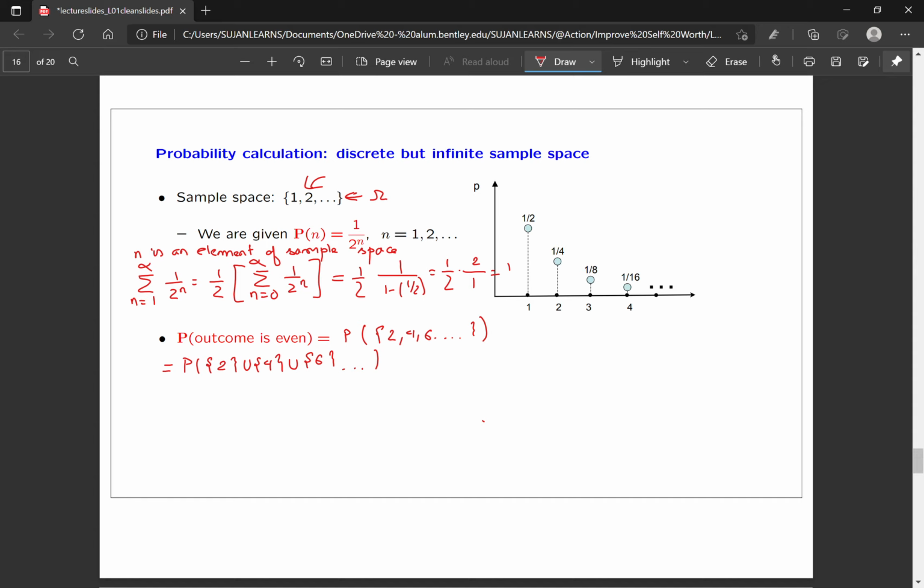Since they are disjoint, we can use the additive axiom to give us the probability of each single element. That would give us the probability of 2 plus probability of 4 plus probability of 6, etc. Here we have it.